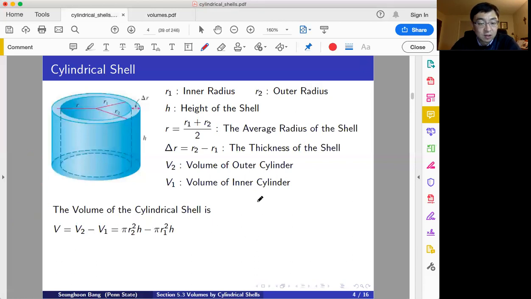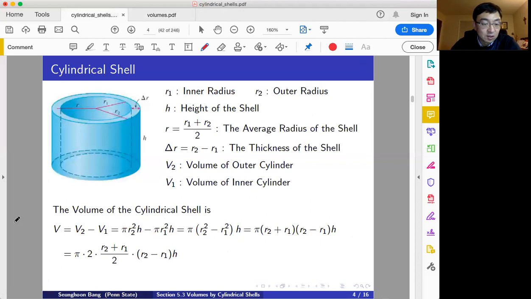The next, factor out pi and h. So we have it. Next, factor. R2 squared minus R1 squared is R2 plus R1 times R2 minus R1. So next, change a little bit here. R2 plus R1, you can change it to 2 times R2 plus R1 over 2.